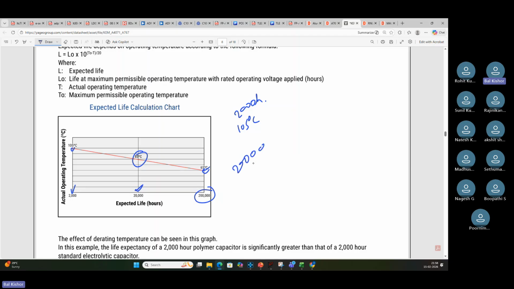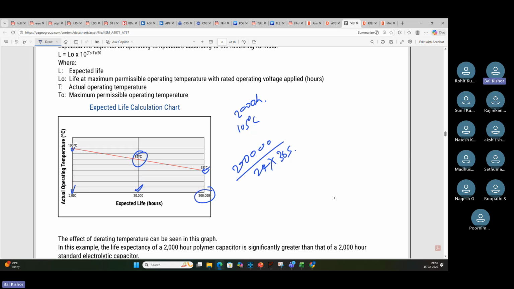So 2 lakh hours, right? Divide by 24, that many days, and divide by 365, that many years. Okay, so continuously this many years it will run. Got it? At 65 degrees centigrade. Divide by 24, divided by 365.